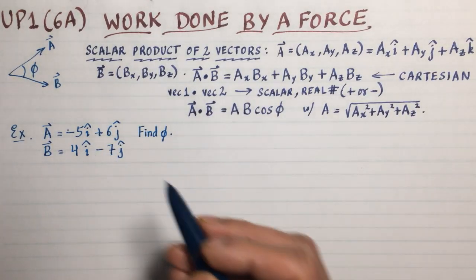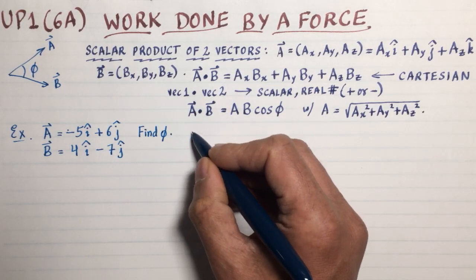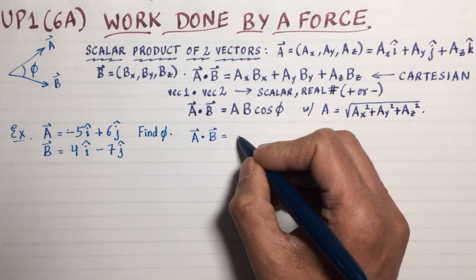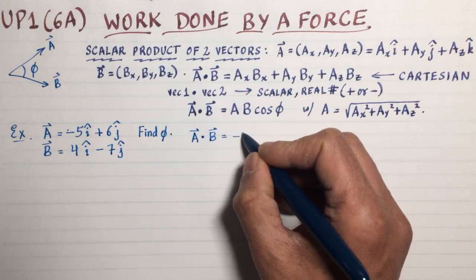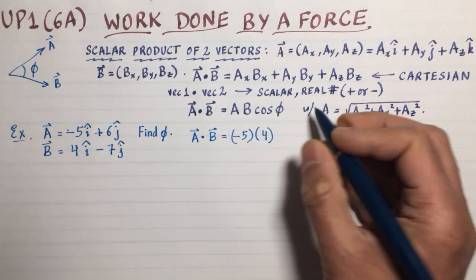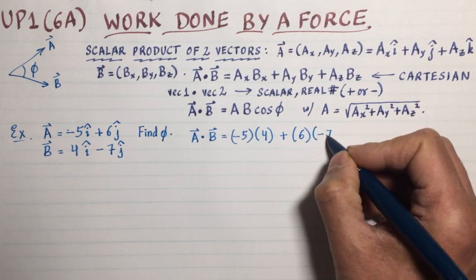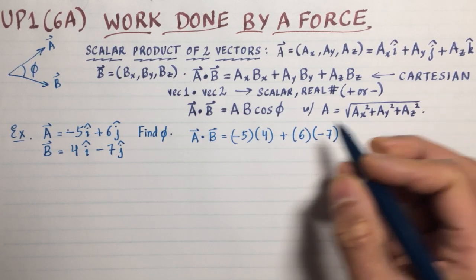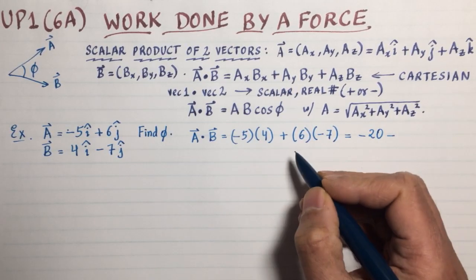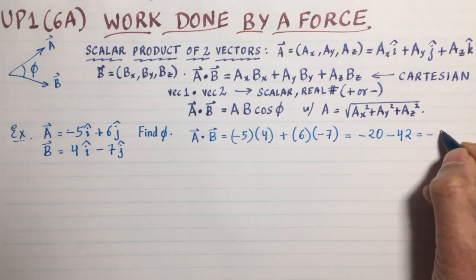Now, just by looking at it, you can't really tell much about the angle, but what you can do is find the dot product using the Cartesian formalism. That's just ax, which is negative 5, times bx, which is 4, plus ay, which is 6, times by, which is negative 7. 5 fours are 20, and 7 6s are 42, so I get negative 62.